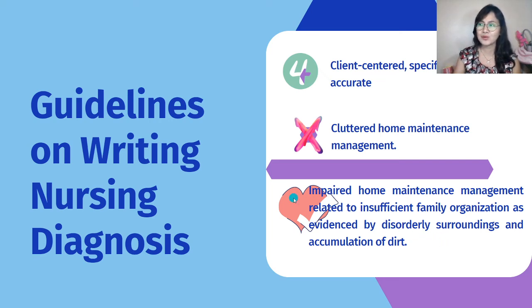So remember, you have the nursing diagnosis statement, then you have the etiological or influencing factors, and you have the evidence or the cues that could support your nursing diagnosis statement.